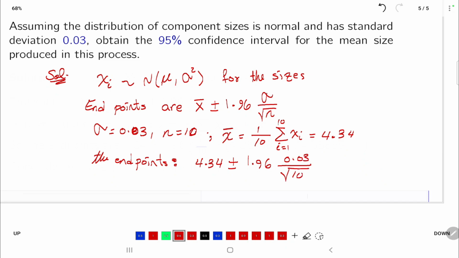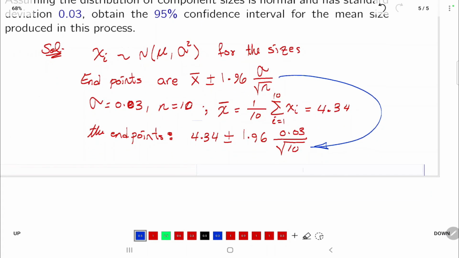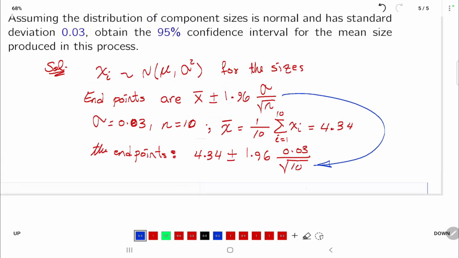So this equation is actually the same, just plug in the values, and from which we will obtain two values, one for plus, one for minus. If we take plus and then if we take minus, we will get the range or the confidence interval.